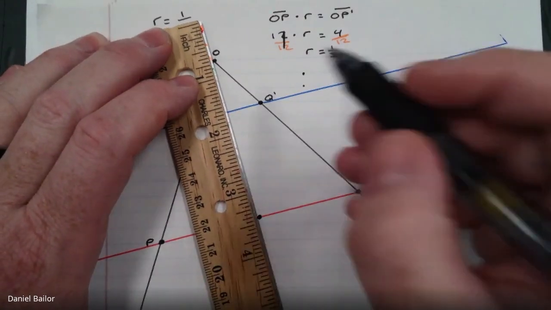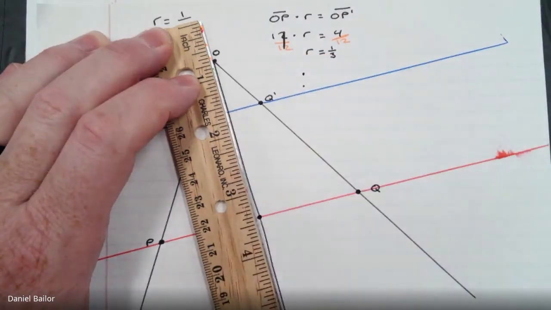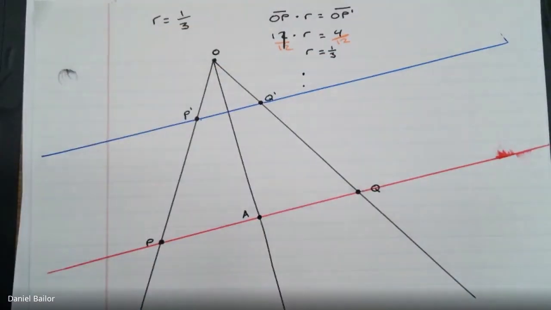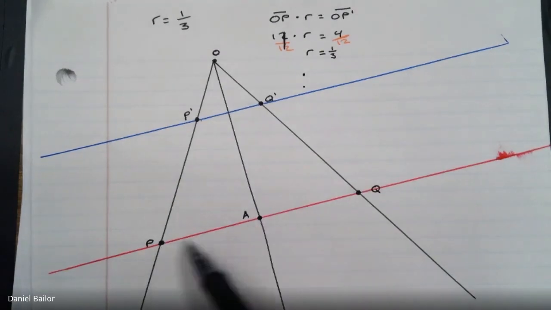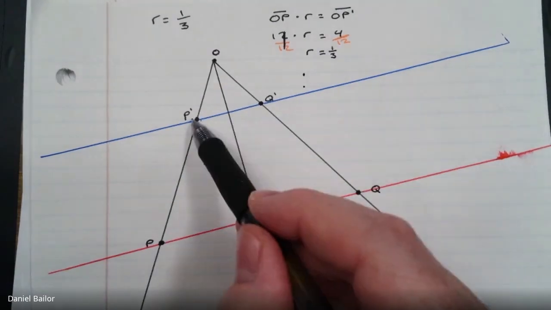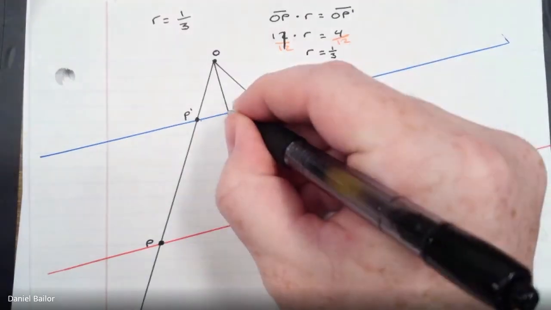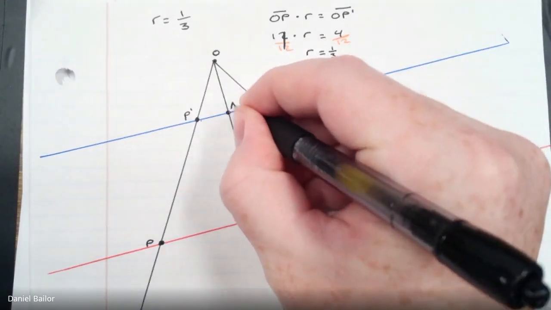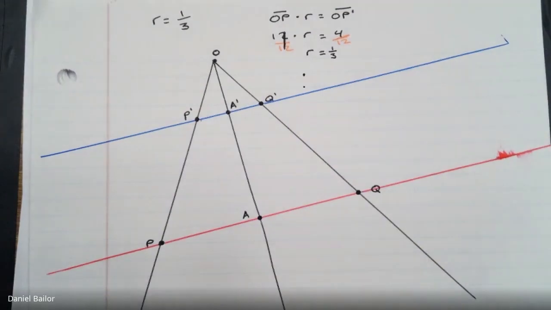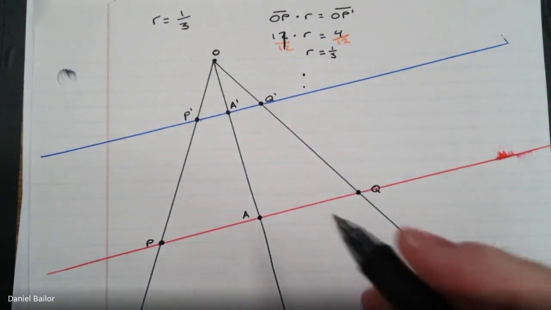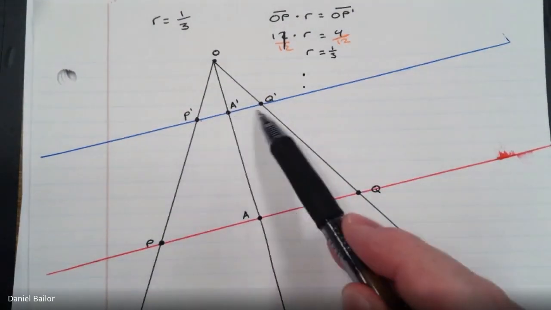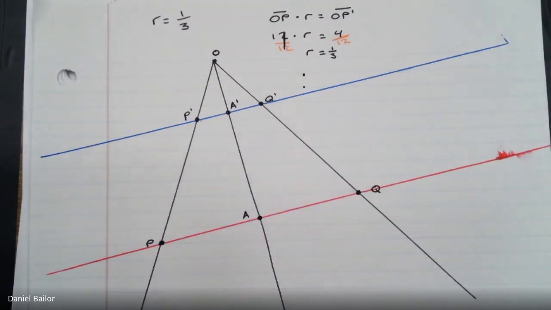So I draw another ray just like that. And then because this is P, A, Q, and this is P prime, Q prime, A prime is right where they cross right there. There's A prime. I know that is A prime because it's where the ray crosses the line I already dilated.